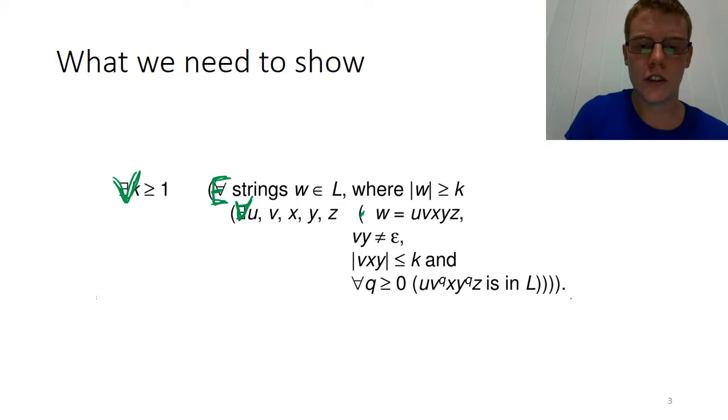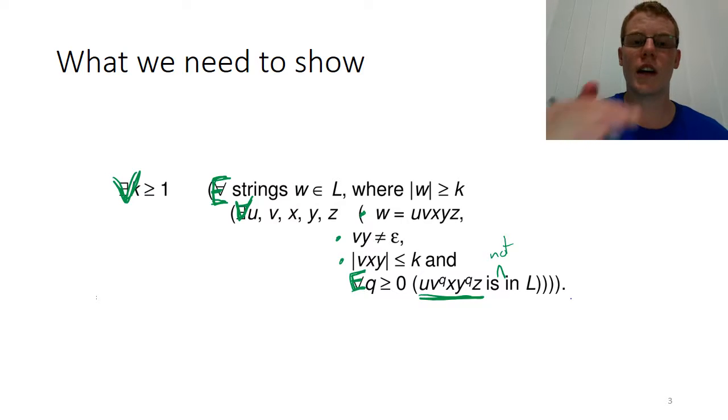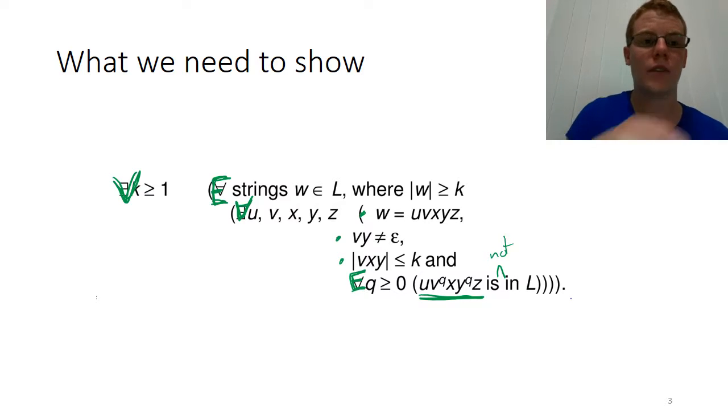As long as the string is broken up into those 5 parts, that the v and y part are not both empty, and the vxy part does not contain more than k characters, then we need to finally show that there exists a non-negative q such that the string that we make by pumping in q times or pumping out once is not in the language. So as soon as we've done that, we have proven that that particular language is not context-free, and that's what we're going to go through for one particular language now.